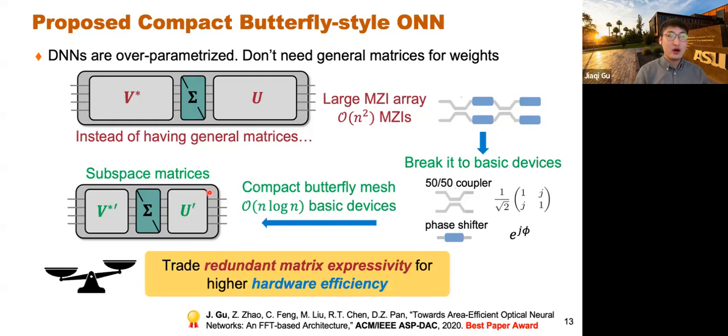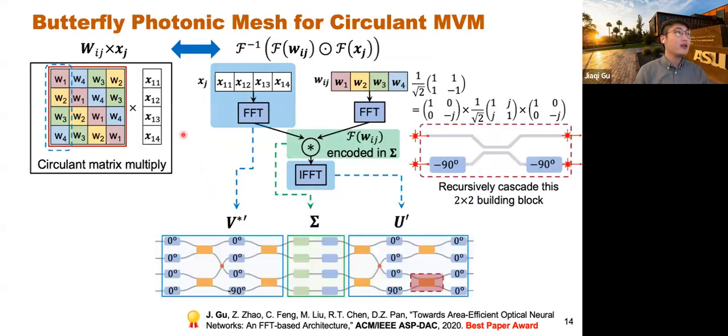So next, I can tell you how to construct this compact butterfly photonic mesh. We are inspired by circulant matrix multiplication. So we don't have the general matrix; we look at the circulant matrix. Basically, in a circulant matrix, all the columns, as you can see based on the indices or the colors, are just a duplication with a circular shift of the first column, right?